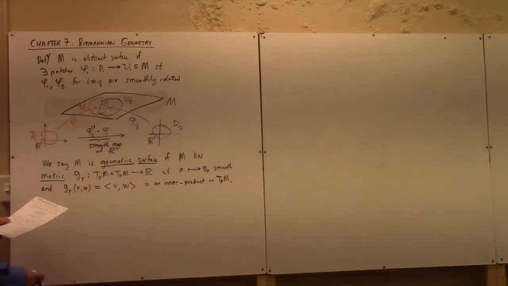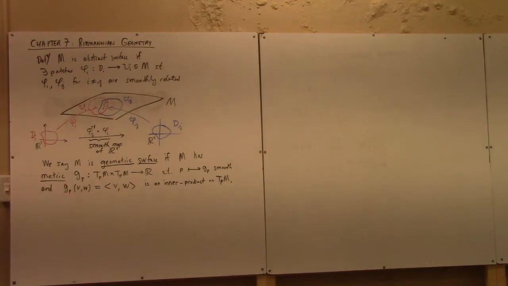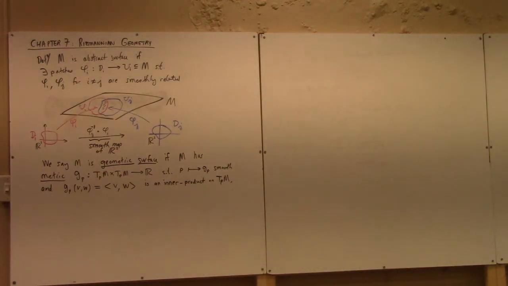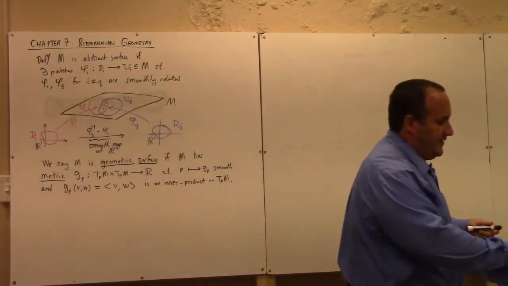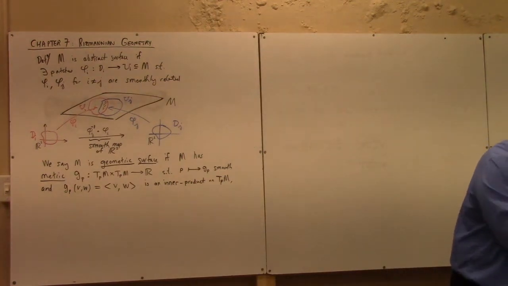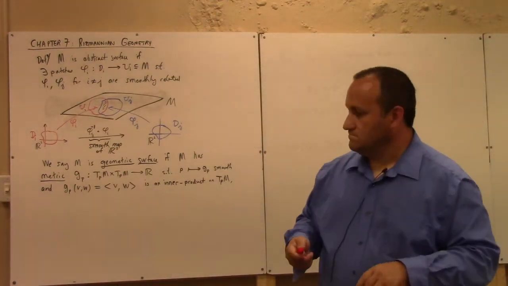What does it mean to be an inner product on T_pM? That means that this metric behaves essentially like the dot product. All right? So how does the dot product behave?